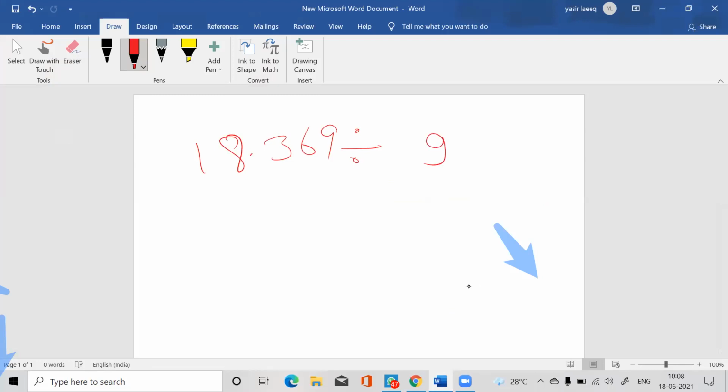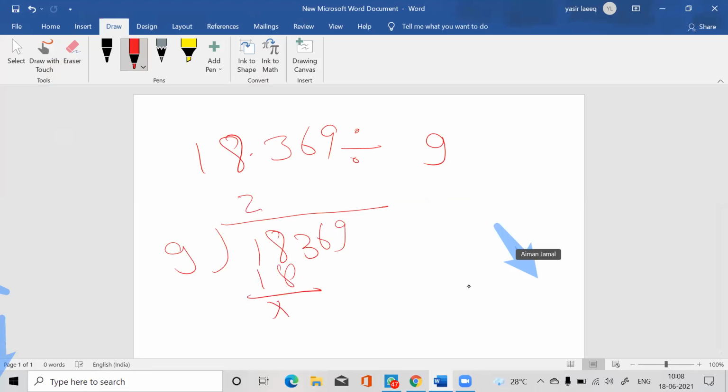So forget the point first. Just do division as we were doing earlier. It's 9. So 9 times 2 is 18. Then it will be cancelled out. What we have to do? We have to put 3. Okay, as we are doing now. See here, as 3 is less than 9, so we have to put the decimal. Is it clear?